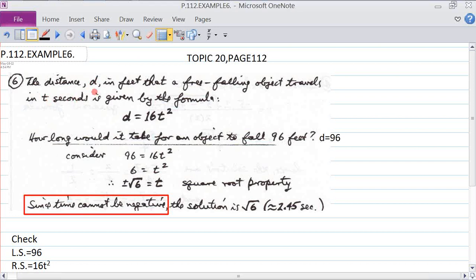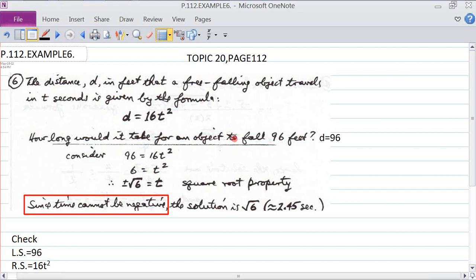T is the time, d is the distance. I mean, we could have written y equals 16x squared. So often in these kinds of problems, we use letters that are more appropriate to the problem, distance being d and time given in seconds.